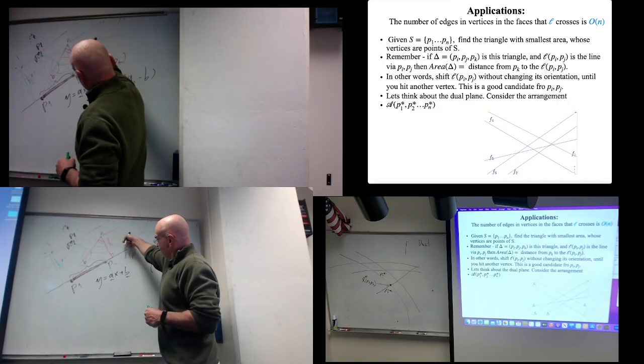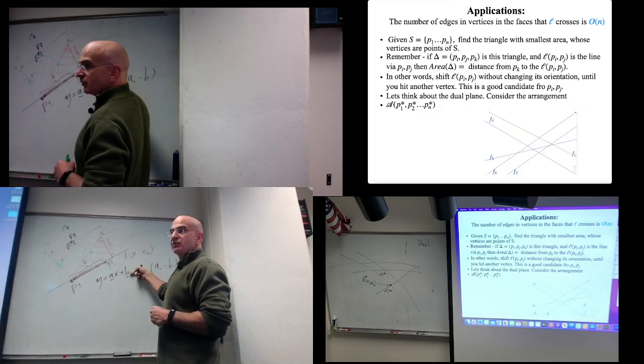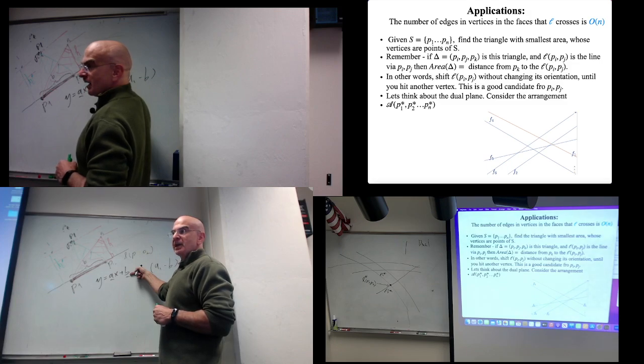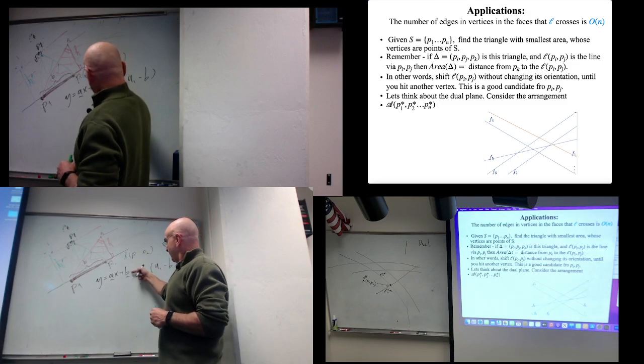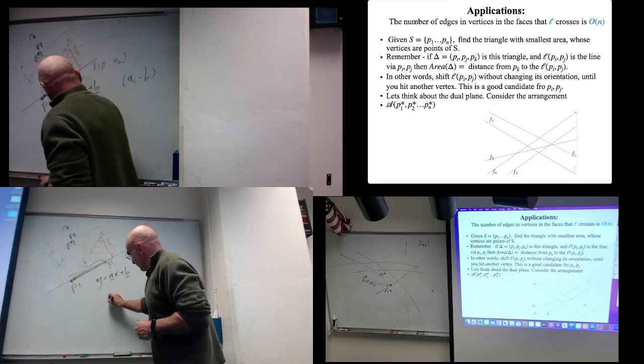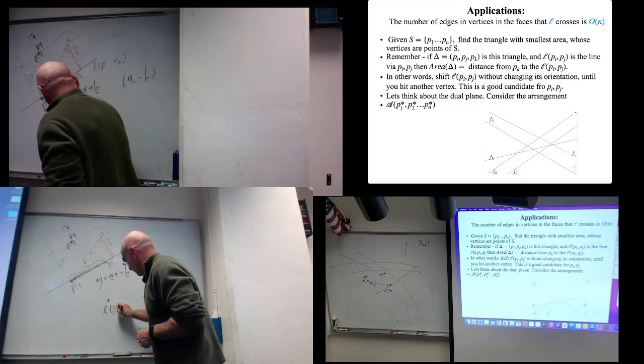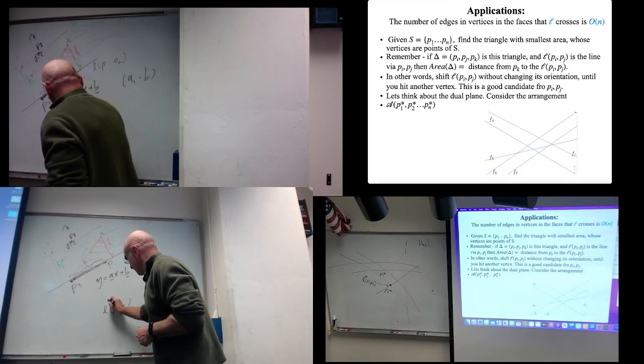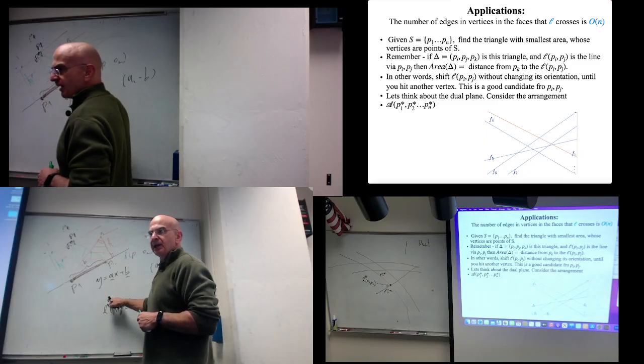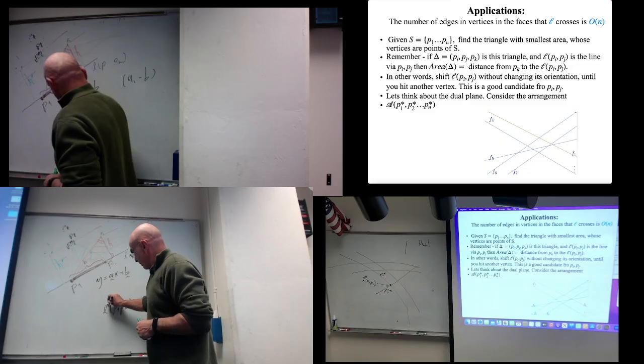But when I'm shifting this line, what do I do? I increase b. A would be the same, and if here is the point L of P1, P2 star, the dual of this line, this is the point that I'm doing it.